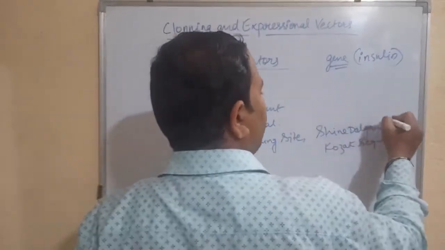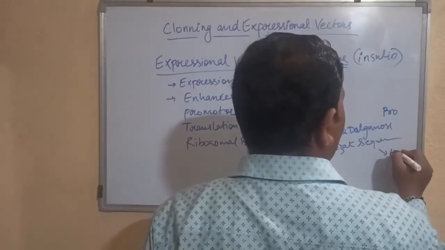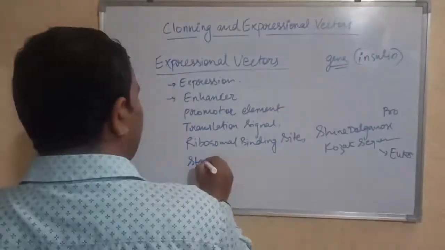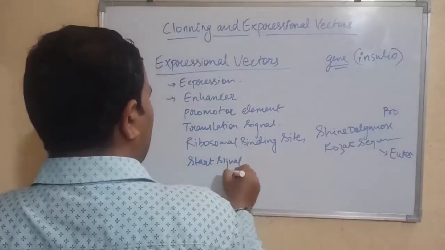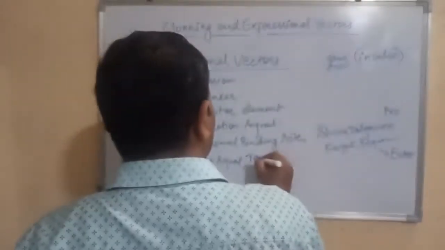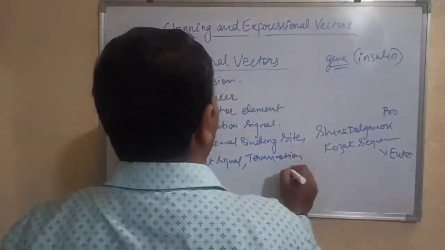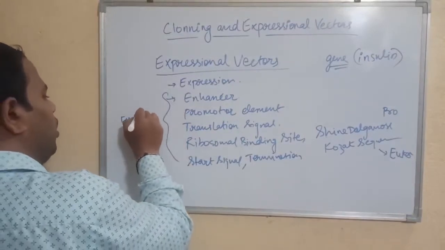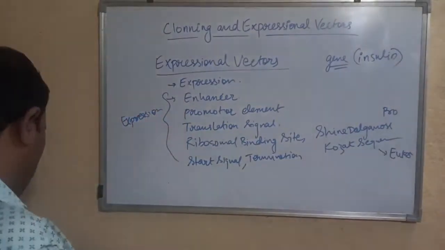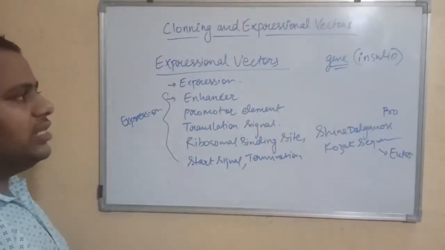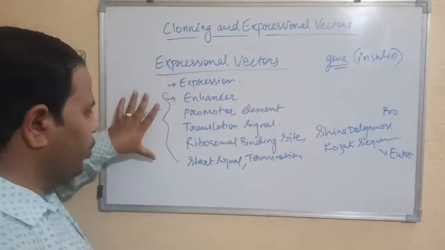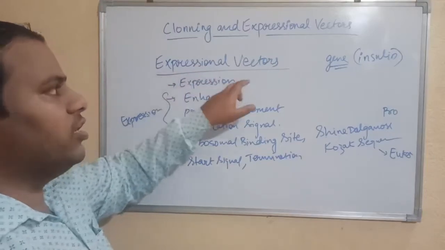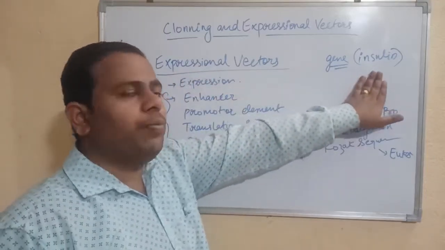Shine-Dalgarno in case of prokaryotes and Kozak in eukaryotes. Again there should be a start signal, start signal means initiation codon, then termination signal. So all these things must be present along with the target gene. This helps in expression of our product. As this target gene is put along with all this genetic sequence inside the expressional vector, our expressional vector will express our product, that is recombinant product, into the host cell.